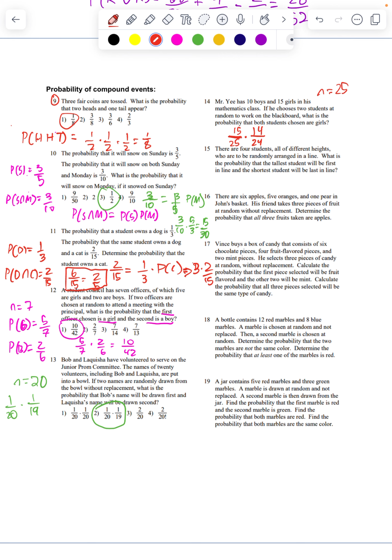It's going to be 24 students left in the classroom. Let me put this in the calculator. It's going to break down into 7 over 20. So the chance of having a girl go up and then another girl go up is going to be 7 out of 20.